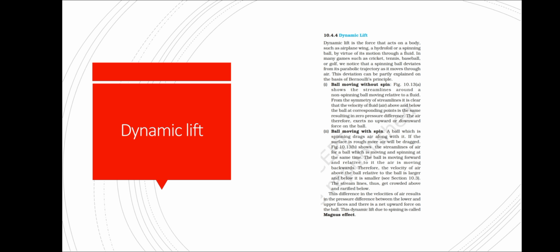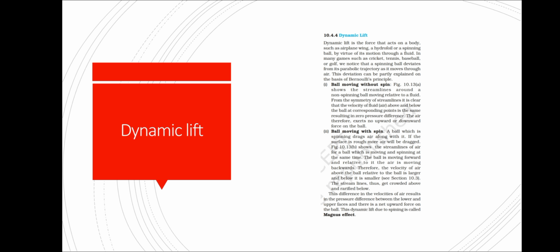Next one, dynamic lift. Dynamic lift is basically a type of force which we can apply in various applications, like in cricket and other outdoor games like tennis, baseball, golf. We can move the ball. While the ball is moving forward, we can also spin the ball.